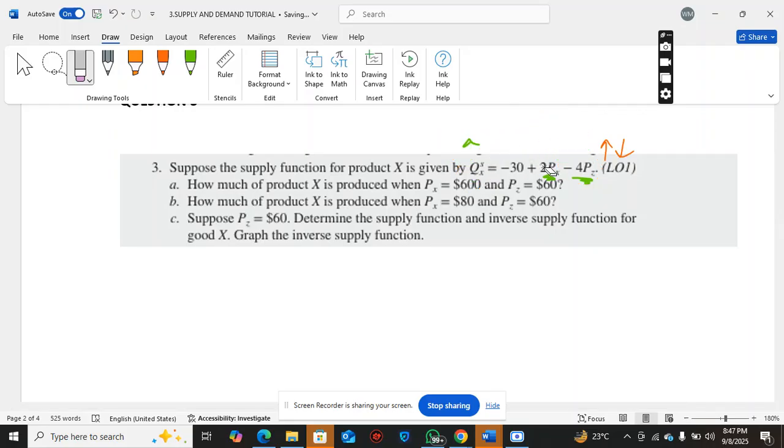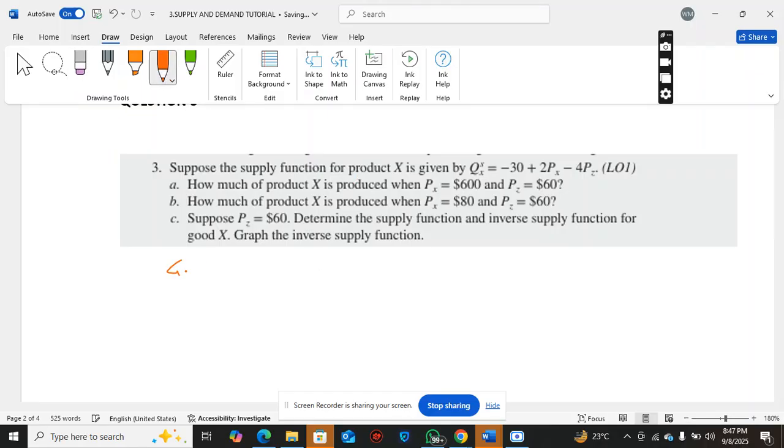So in this question, how much of product X is produced when Px equals 600 and Pz equals 60? It's just a matter of substitution.